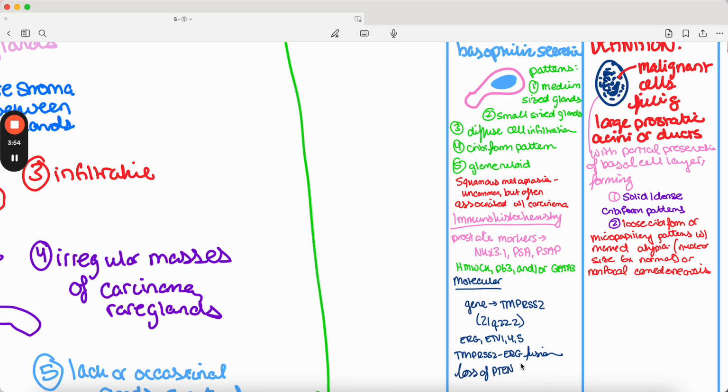And then you can also have a loss of PTEN, and then other genes that can be altered are ETV1, ETV4, and ETV5. And then just remember that the TMPRSS2 gene is on 21q, I can't read my own handwriting here.